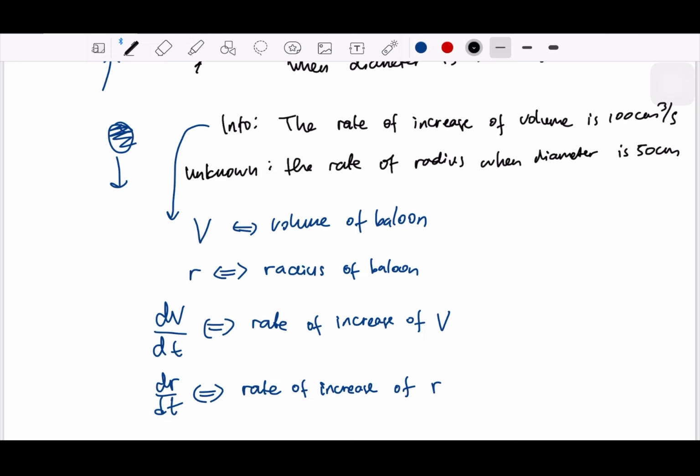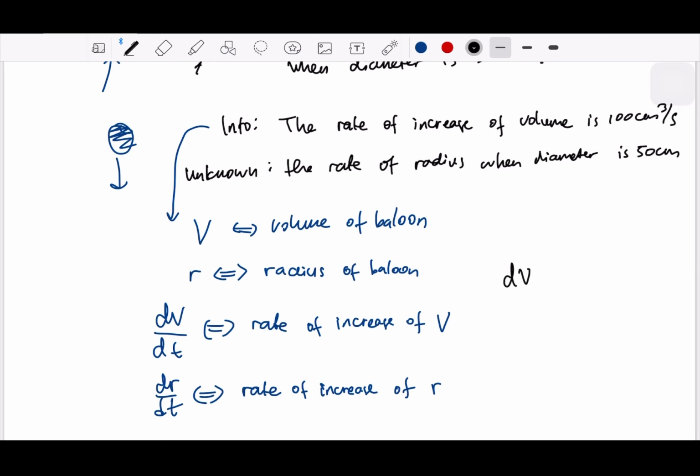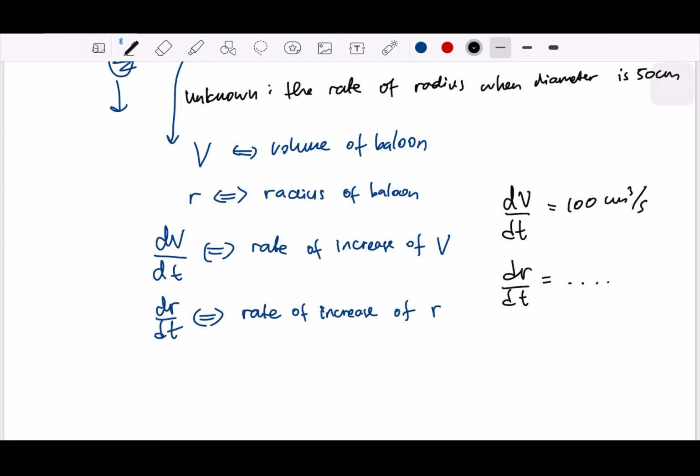So we can say that the rate of increase dV over dt is 100. And dr over dt will be our question, right? This is the question at r equal 25, right? At diameter 50. This is the question.